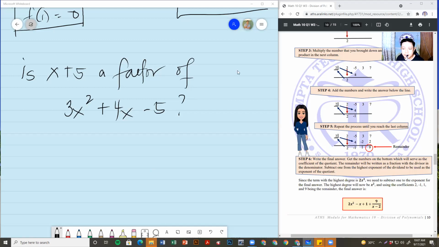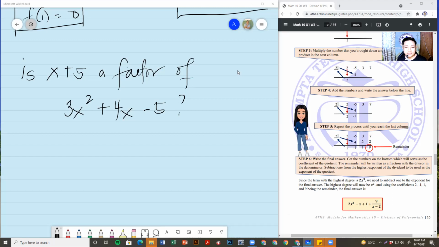Okay, are you done? Is x plus 5 a factor of 3x squared plus 4x minus 5? Yes or no? If it's a yes, so therefore there's no remainder. But if it's a no, you write the remainder. Okay. Uy, merong yes, merong no. What's the correct answer kaya? Kapag nag-no kayo, you type or you write your remainder, ha?